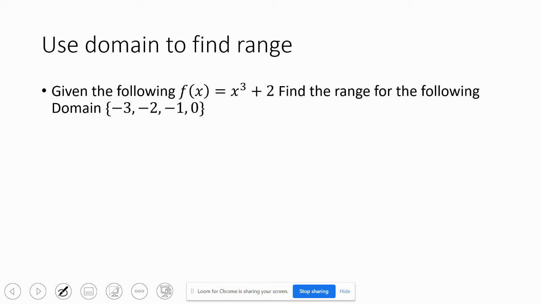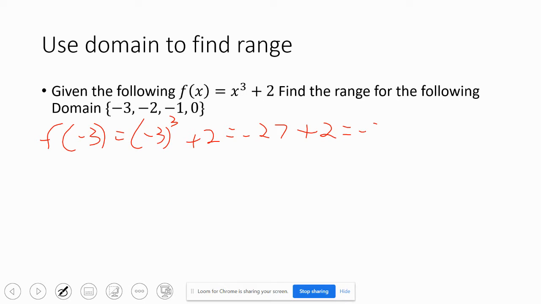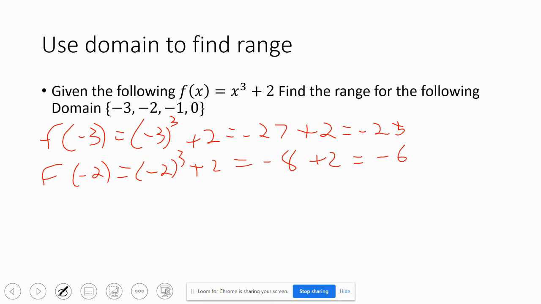Given the following function, f of x equals x to the third power plus 2, find the range of the following domain. So you substitute in each value. First you find f at negative 3: negative 3 to the third power plus 2, which is negative 27 plus 2, which is negative 25. Then f at negative 2: negative 2 to the third power plus 2, which is negative 8 plus 2, which is negative 6.